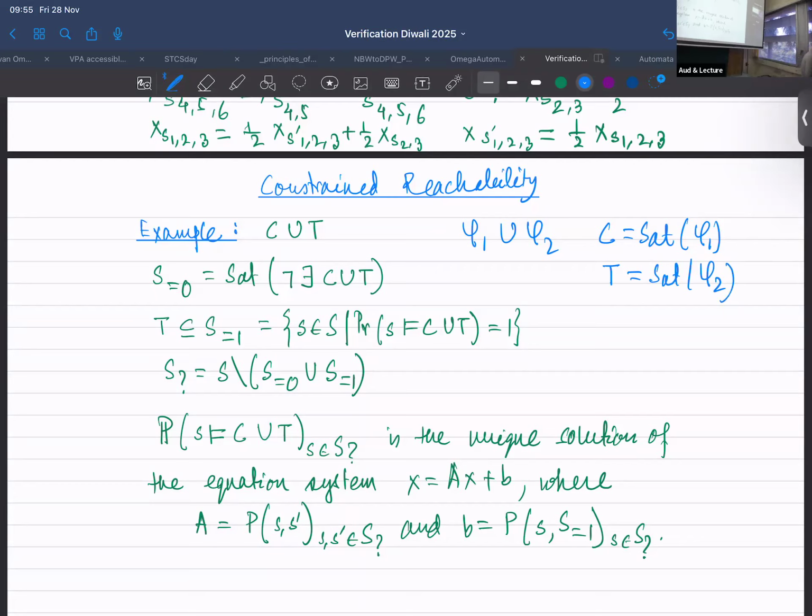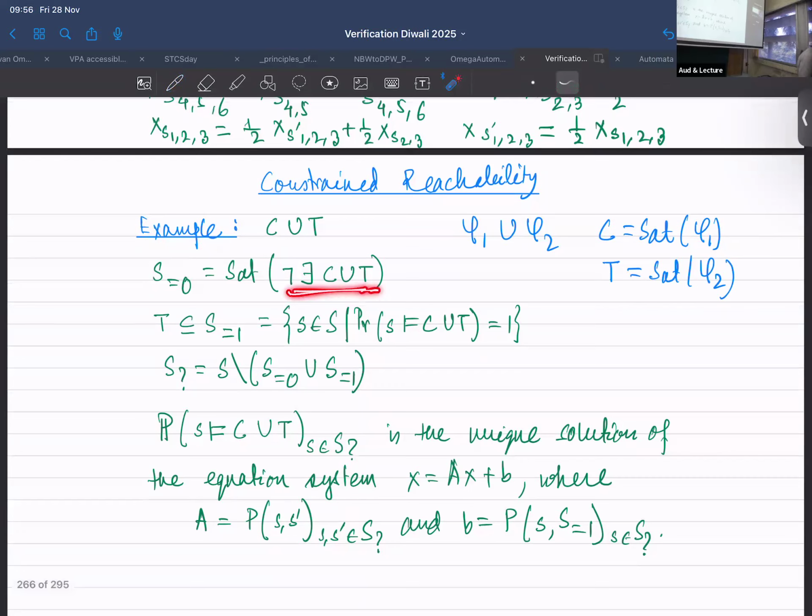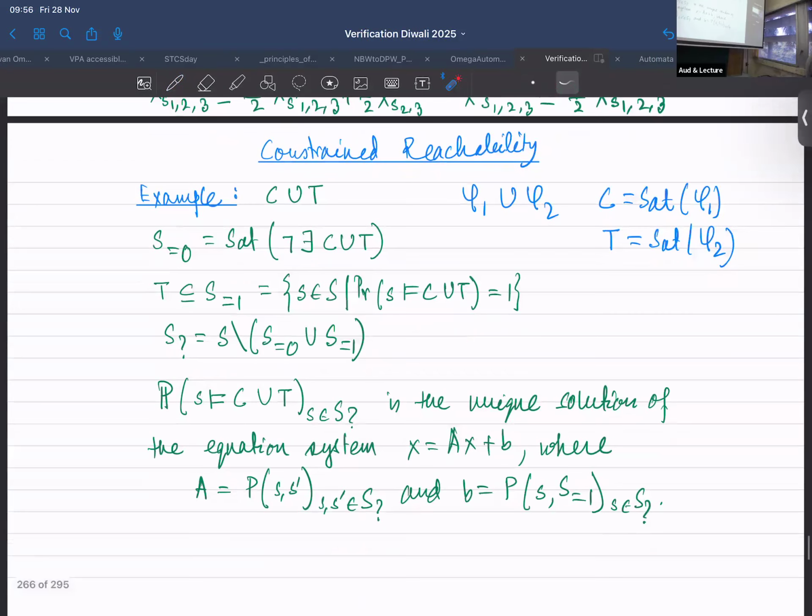So for example, I think we were looking at such a formula: it's not the case that there exists a path of C until T. If you don't have such a path from some set of states, they are going to satisfy this C until T with probability 0, right?